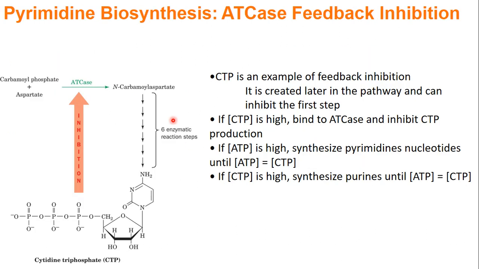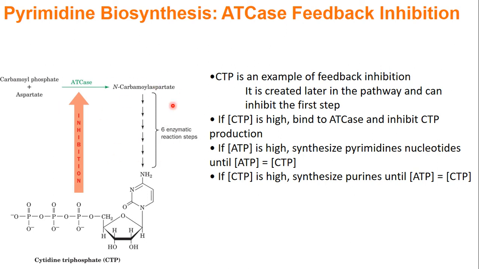Now CTP is actually feedback inhibition. So ATCase will make N-carbamyl aspartate, and 6 enzymes later, 6 reactions later, you will eventually make CTP. Now, if you make enough CTP, CTP will go back to the first enzyme in the process, which is ATCase, and inhibit this enzyme, therefore inhibiting all of these steps.